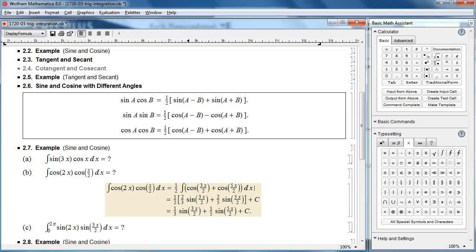After that, routine antiderivative computation. Antiderivative of cosine is sine, so we have sine functions, and because of the chain rule, we have this 1/3, 2/3, and this 2/5.